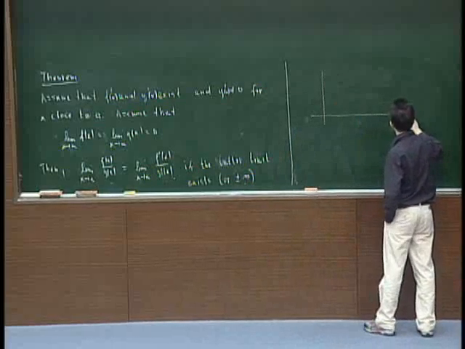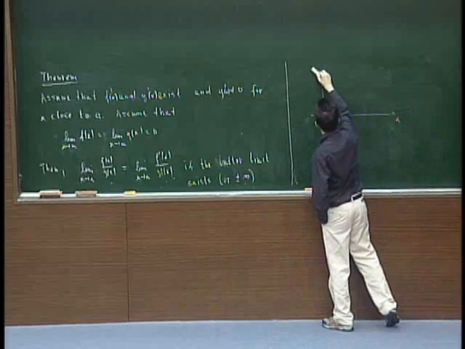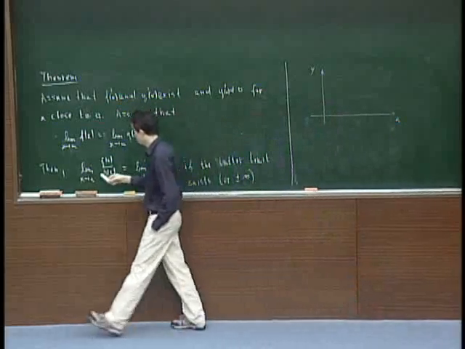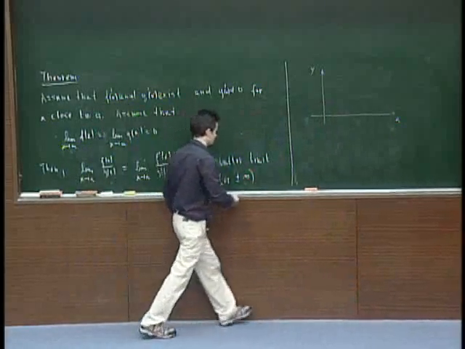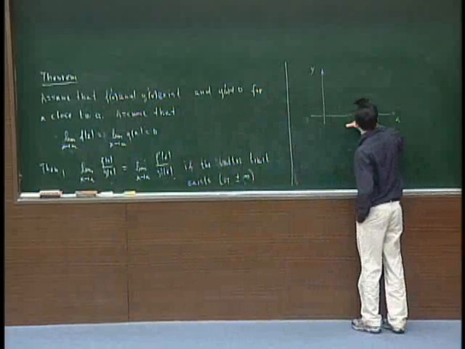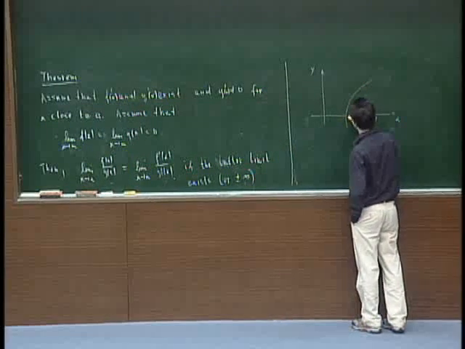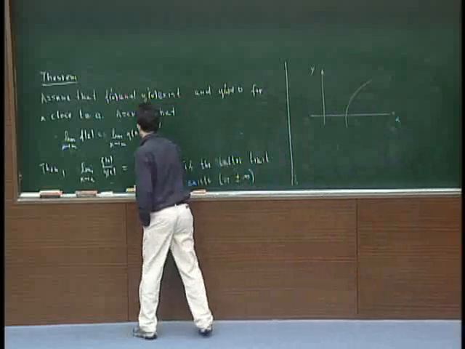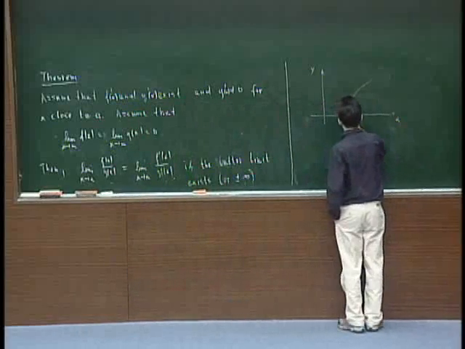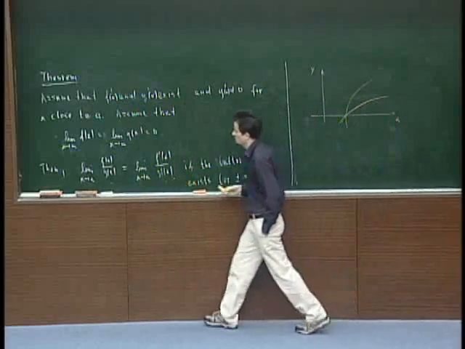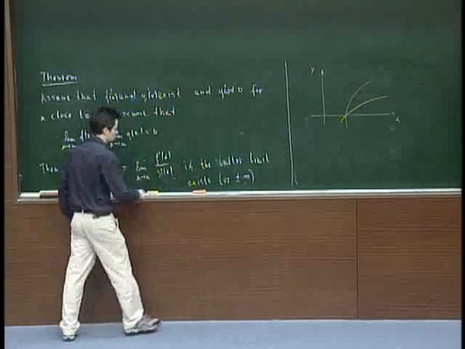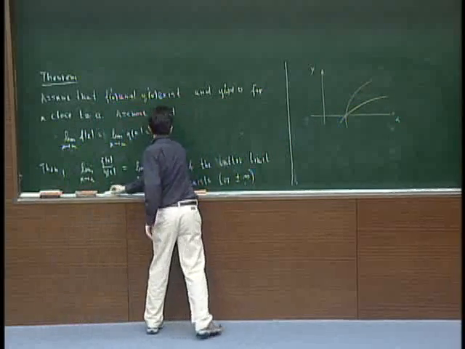Namely, you can roughly think about the situation as follows. We have here our two functions, f and g. So this is f here, and we have a function g. Both at a we assume they are equal to 0. So this point here is a.